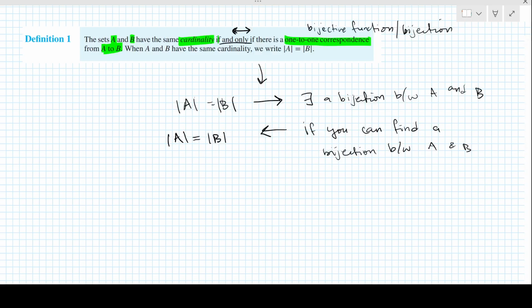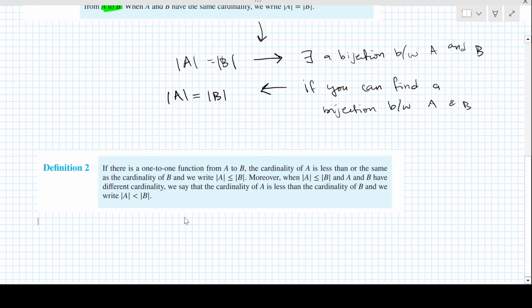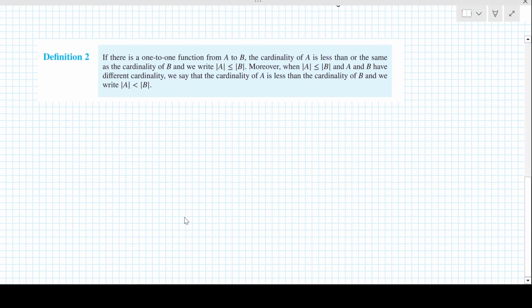Now the second one is also something that we already know.